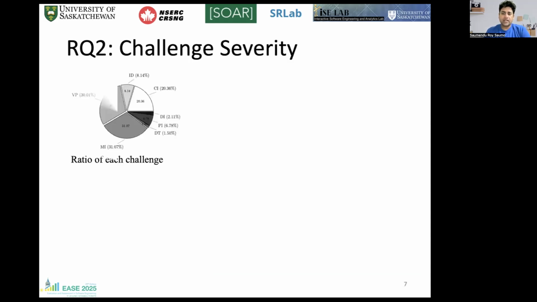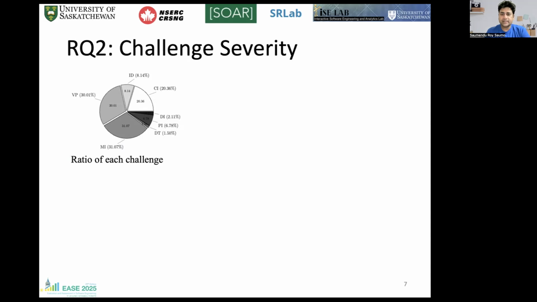Now the research question on challenge severity. We analyzed the metadata to estimate the severity of each challenge. The model integration questions often had fewer accepted answers and took longer to resolve. Here we can see that model integration issues have the highest challenge ratio, at 31.07%.